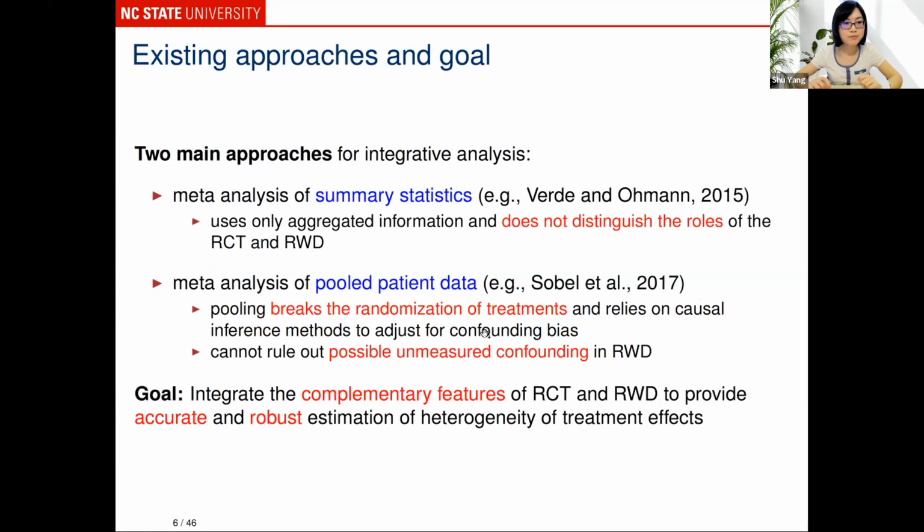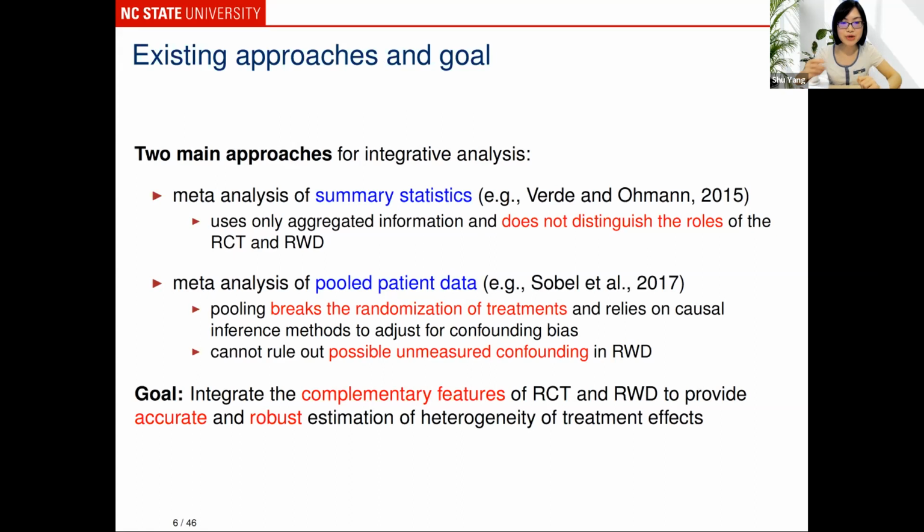There are two main approaches for data integration. The first one is meta-analysis of summary statistics, but it uses only aggregated information and it really does not distinguish the roles of RCT and RWD. The second one is meta-analysis of individual patient data.